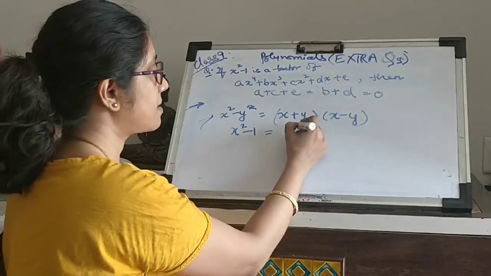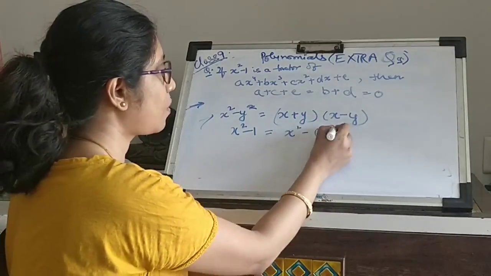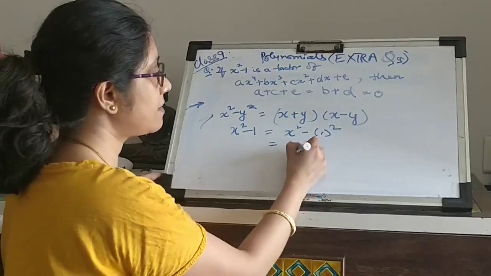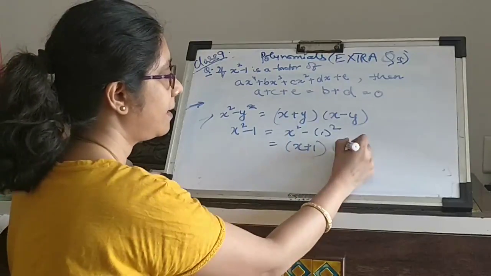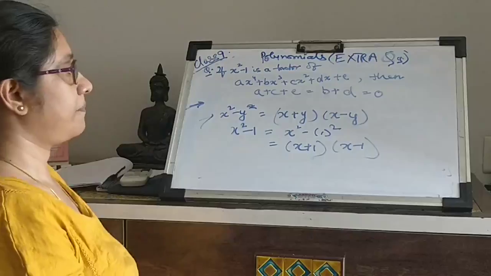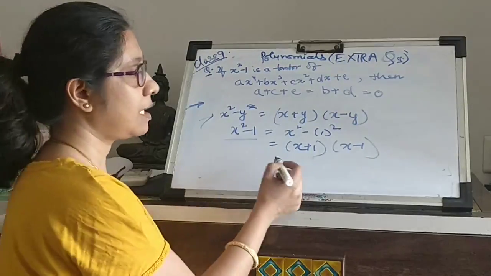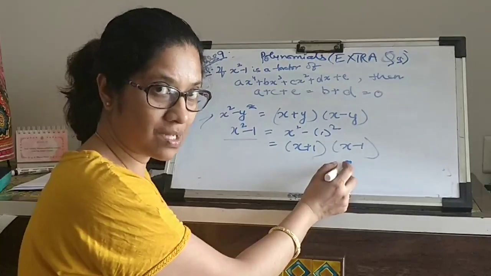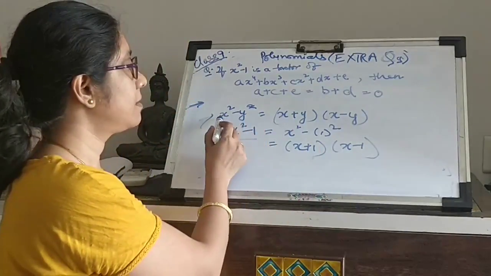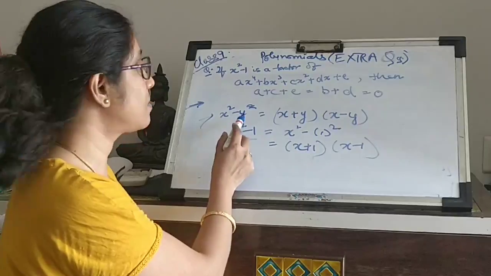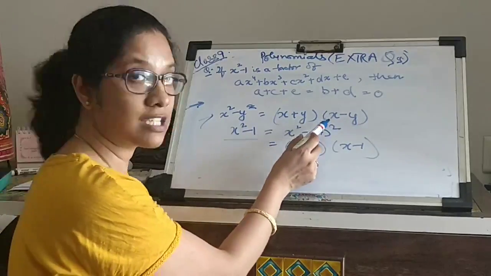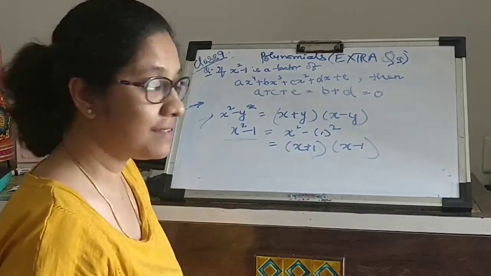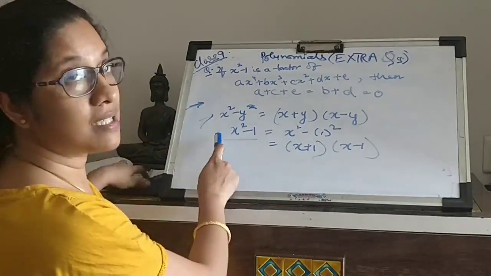This is x square minus 1 square, which will be x plus y and x minus y. So this can be written as x plus 1 and x minus 1. Following the formula, x square minus y square is x plus y, x minus y. Okay? So we have to remember this.